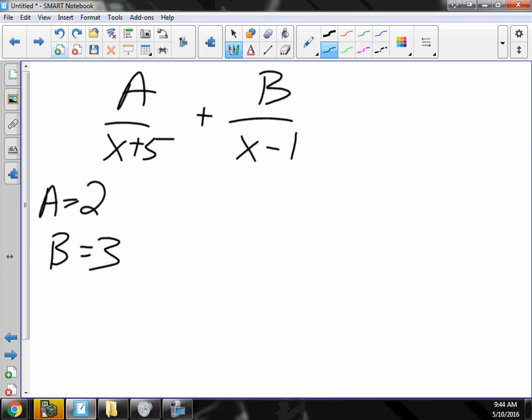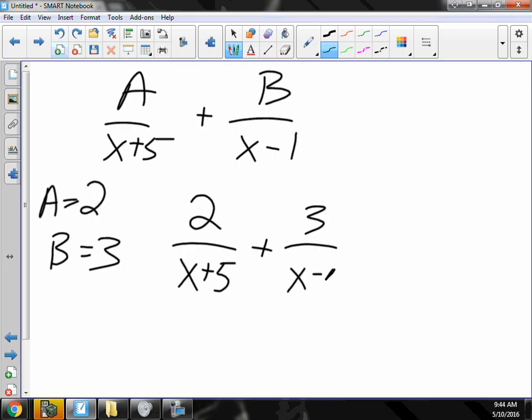So the partial fraction is 2 over x plus 5 plus 3 over x minus 1. Now, if you did the common denominator trick, you found the common denominators, added the numerators together, you would get the original fraction. So all we've done is taken the combined fraction and decomposed it into its partial fractions.